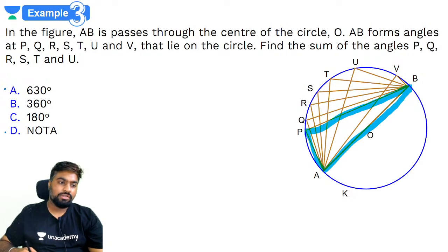Yes or no? I know that this is the diameter. So on the diameter, the angle formed is 180 degrees. If this is 180, then this angle P will be what? 90.